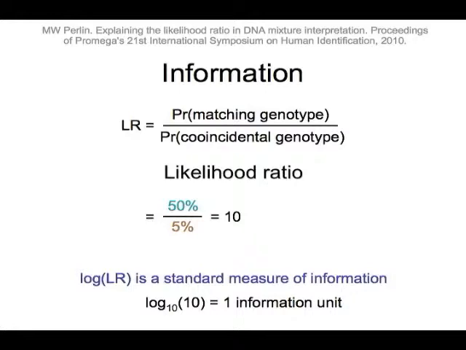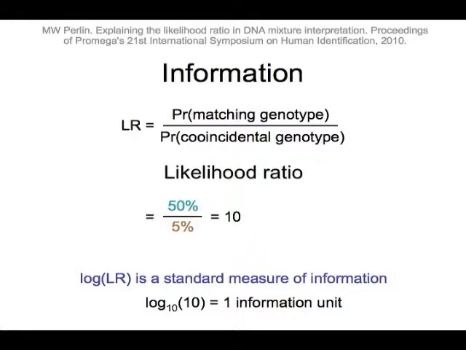And so now we have a balance of two probabilities. We have the matching genotype probability in the numerator with the evidence, and the coincidental genotype in the denominator. And when you have that balance of probabilities, and you take the ratio, one of the many forms of writing down the likelihood ratio, this paper describes about 4 different forms.